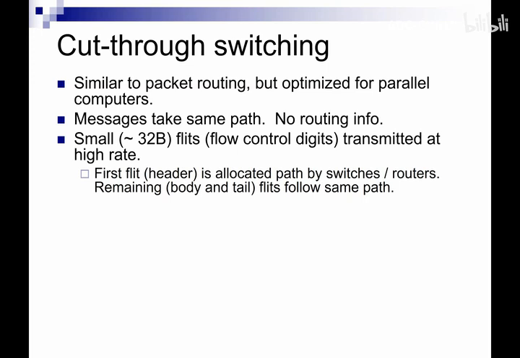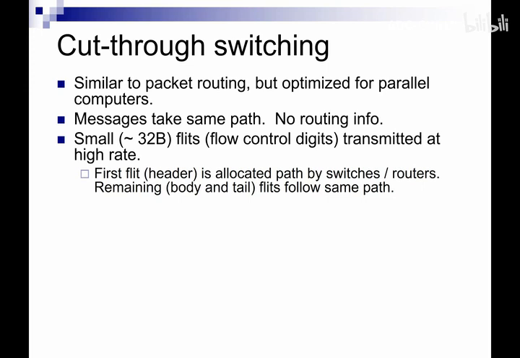The way this works in practice is that we have these things called flits, which stands for flow control digits. They're very small, let's say 32 bytes, and they're being transferred at a very high rate. We send many of these flits between the source and the destination.